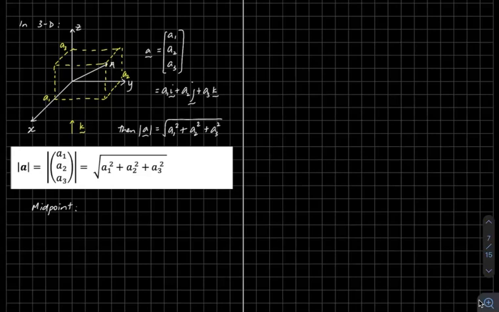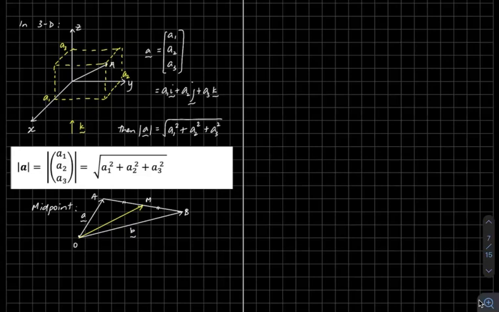So if we've got a vector joining 2 points A and B, and those have position vectors A and B, here's our O, so we'll say that's position vector A, there's position vector B. And we want a vector which gives us the position of the midpoint M, where M is the midpoint of the line segment joining A and B.